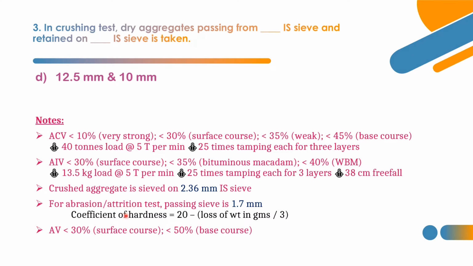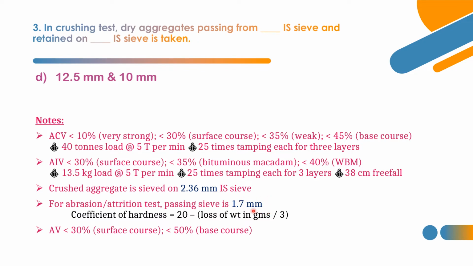Attrition means the rubbing action between two aggregates. If the rubbing action is between two same materials, that is called attrition. If the rubbing action is between two different materials, for example aggregate and steel, then that is called abrasion.